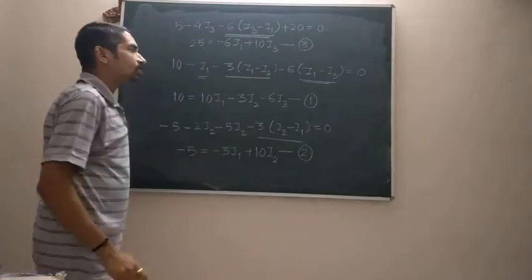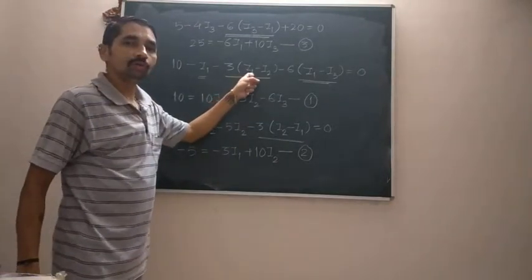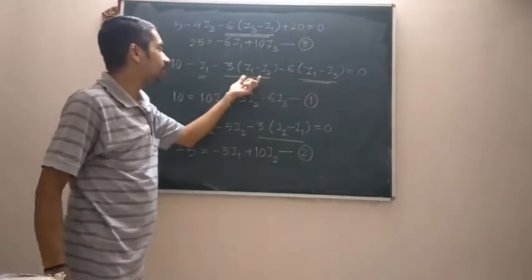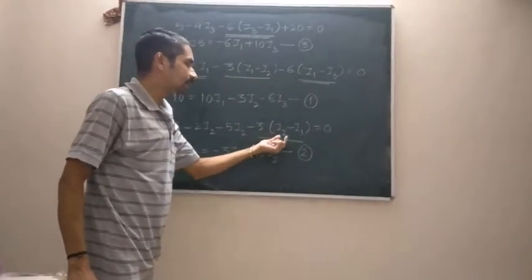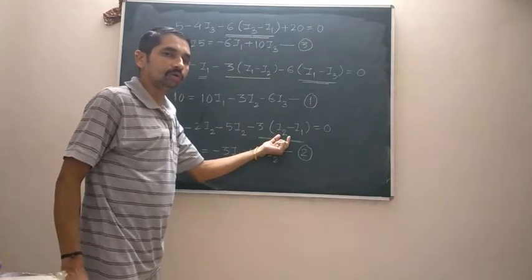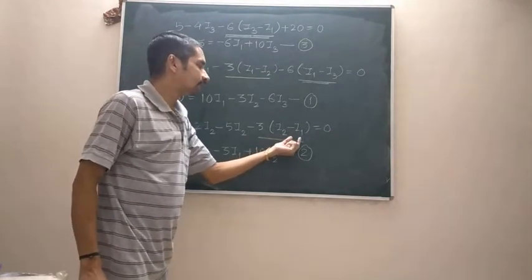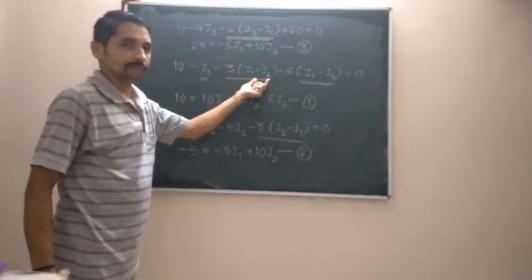Same is the case for these 2 terms. While analyzing loop number 1, I have assumed current in loop number 1 as higher than the current in loop number 2, and therefore here the term is I1 minus I2, whereas while analyzing loop number 2, I have assumed the current in loop number 2 higher than the current in loop number 1. Therefore here it is I2 minus I1, whereas here it is I1 minus I2.